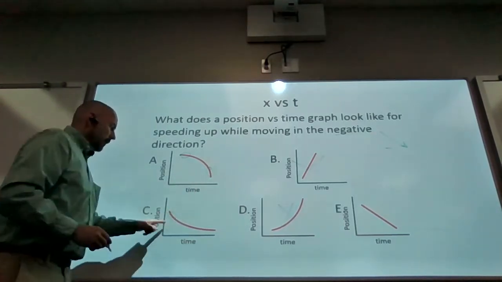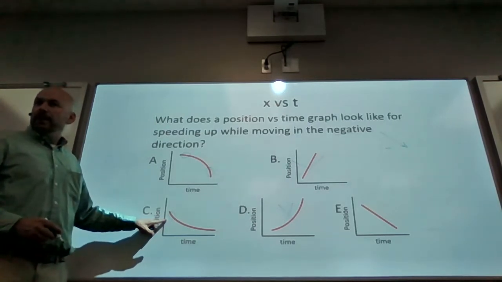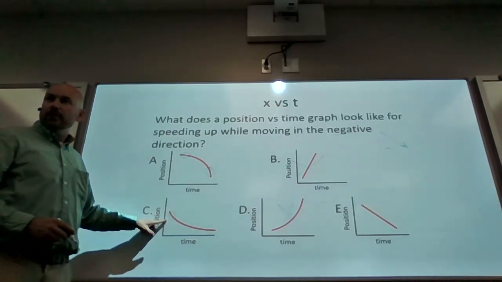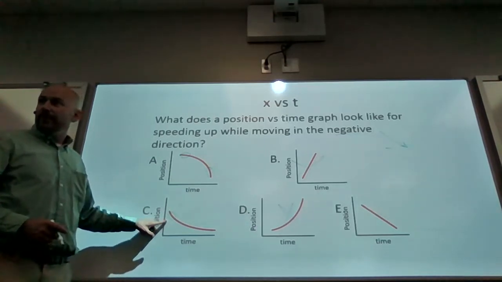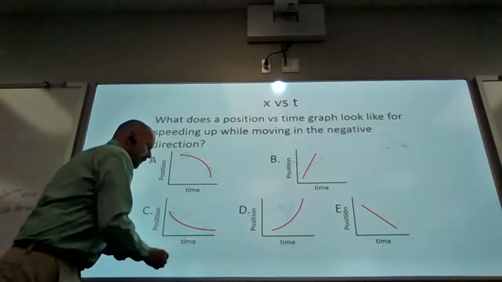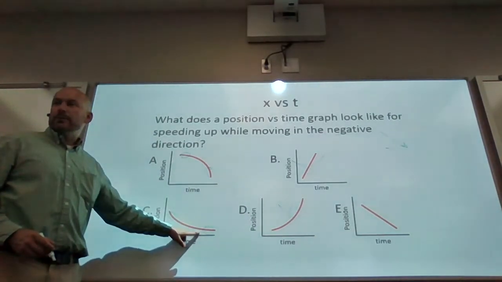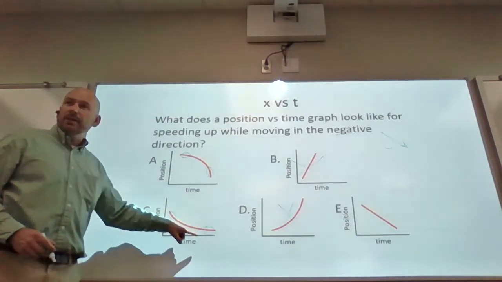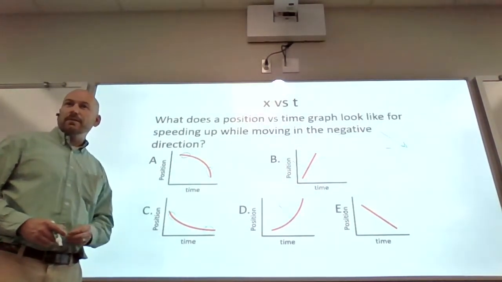Here, negative or positive? Negative. Steep or shallow? Steep. Fast or slow? Fast. Still negative. Fast or slow? Slow. Start fast, slow down in the negative direction.